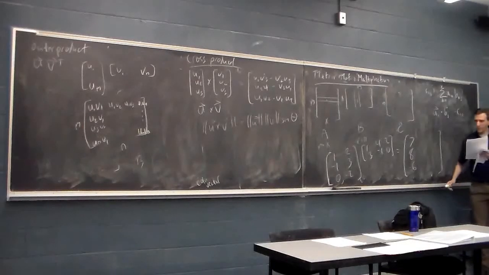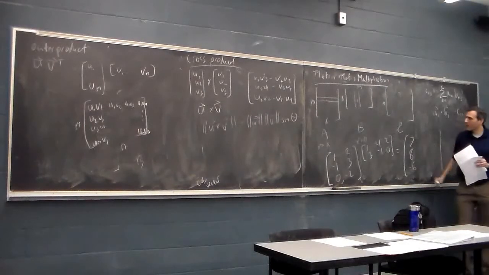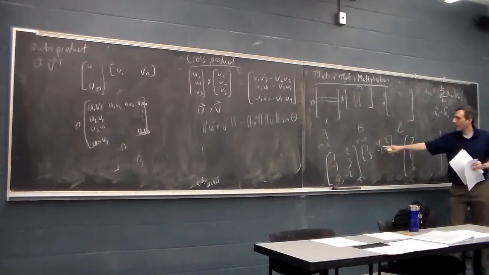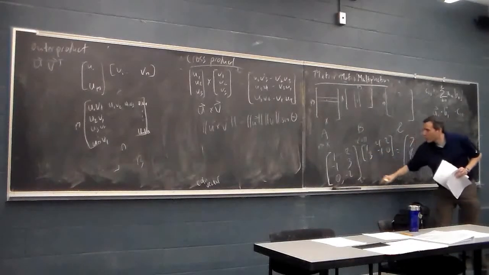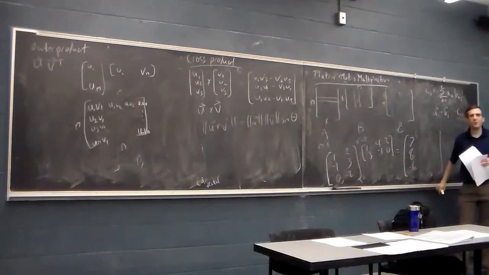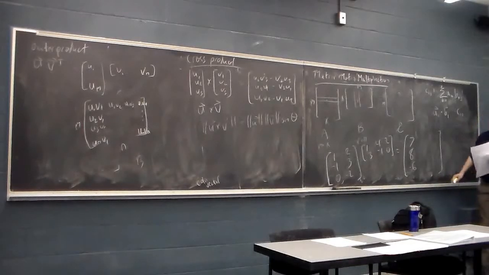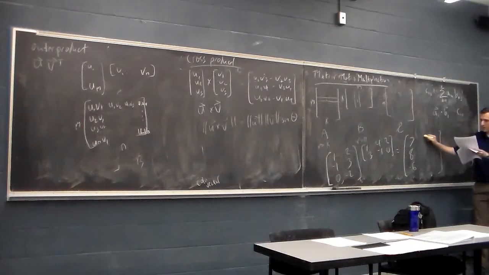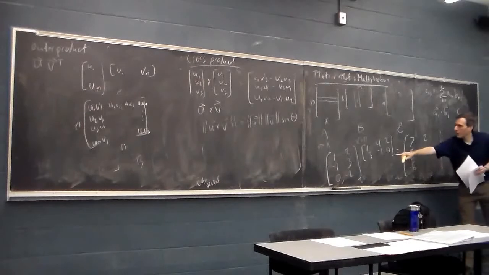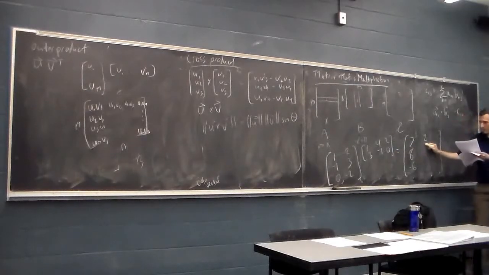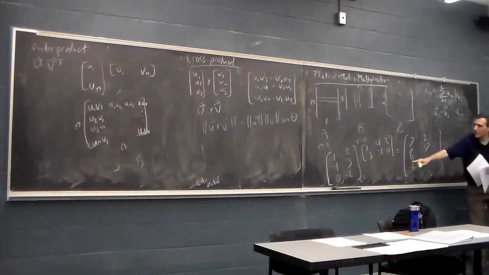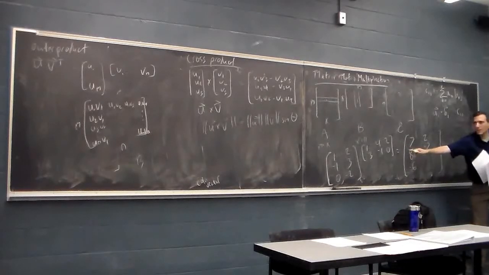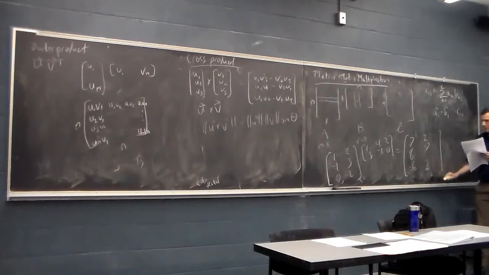Okay, and we can follow the same reasoning for the remaining elements. So to get the middle column, we would be taking dot products of rows of A with the middle column of B, and that's going to come out to 1 times 4 plus 2 times minus 1, which is 2, minus 1 times 4 plus 3 times minus 1, which is minus 7, and 0 times 4 plus minus 2 times minus 1, which is 2.